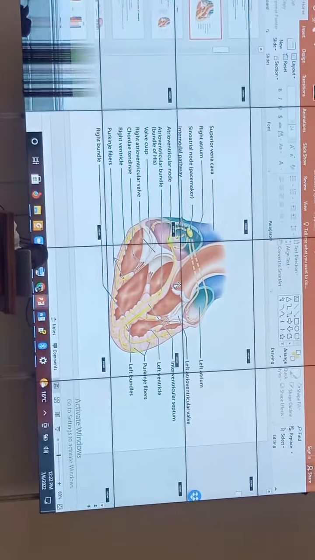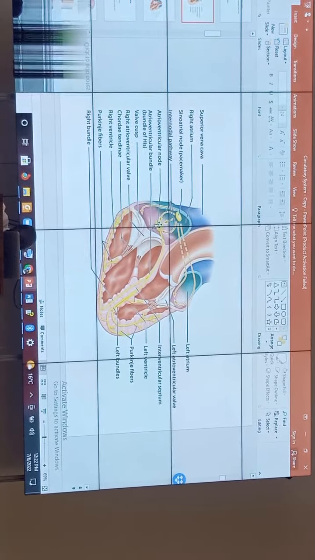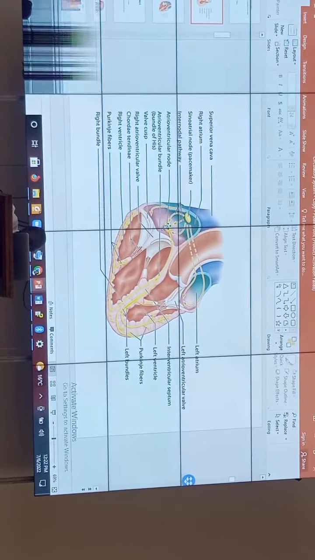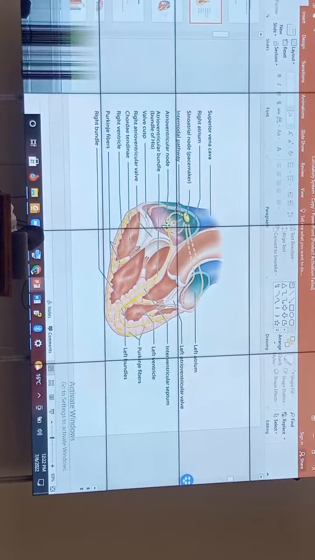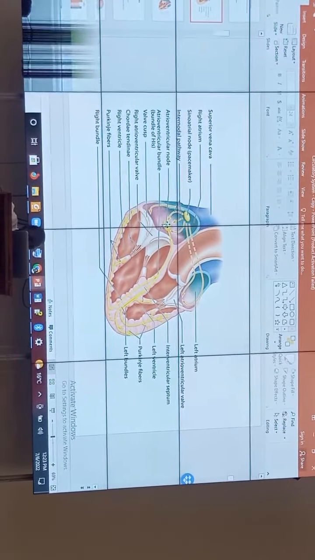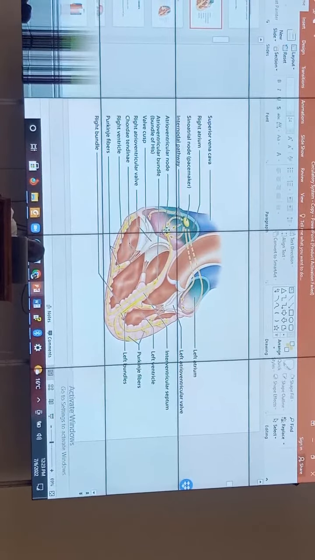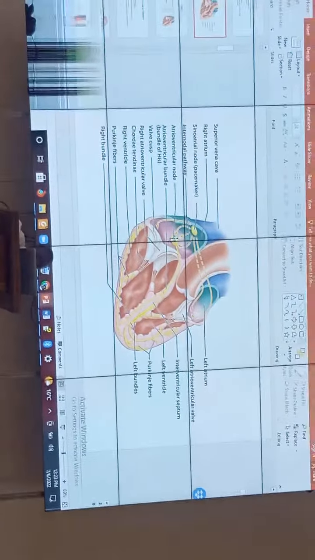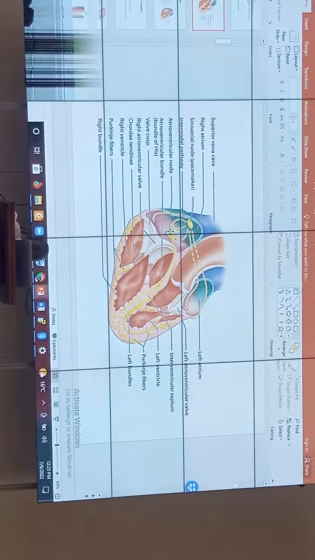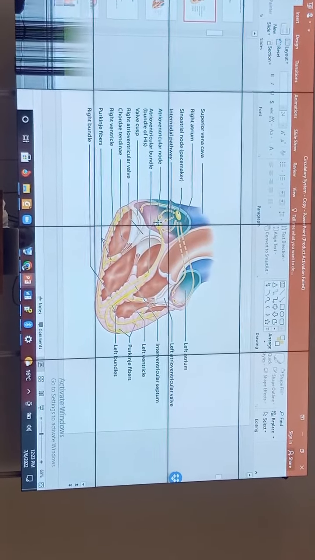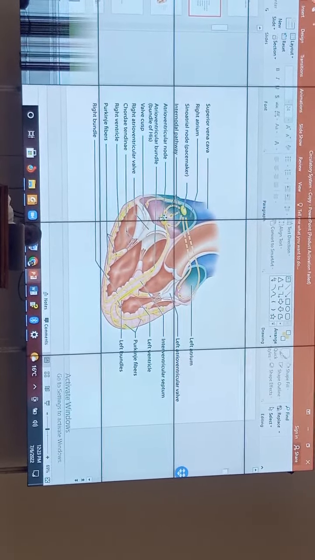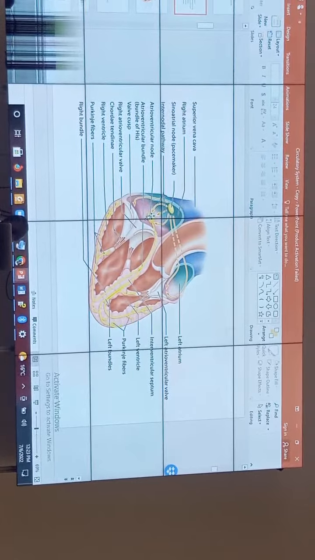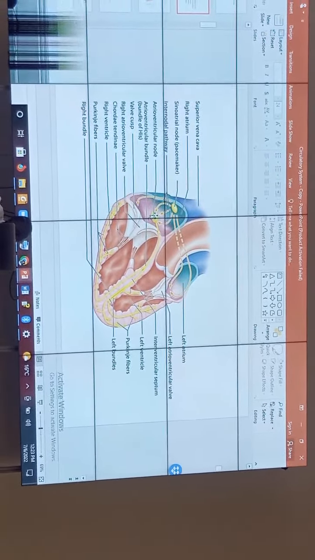Eventually some of those impulses will reach the atrioventricular node. Why are we calling it the atrioventricular node? Exactly. It is between the atria and the ventricles.